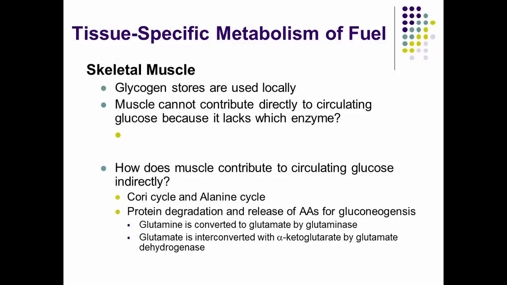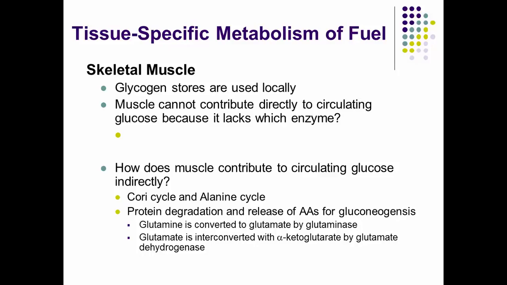And glycogen stored in the skeletal muscle is usually utilized locally, right? Remember we talked about this a lot. Glycogen breakdown in skeletal muscle will not be able to release glucose because of an important enzyme, right? It's not present in the skeletal muscle.